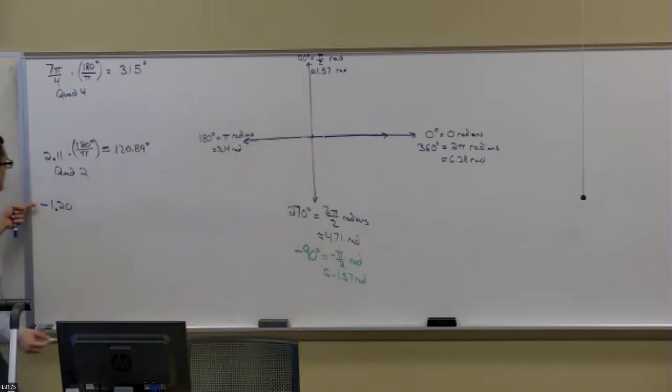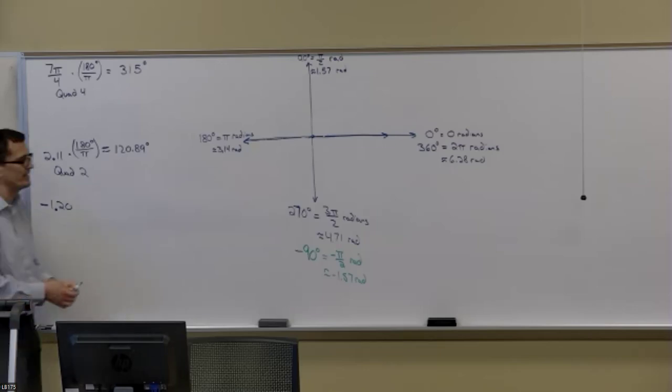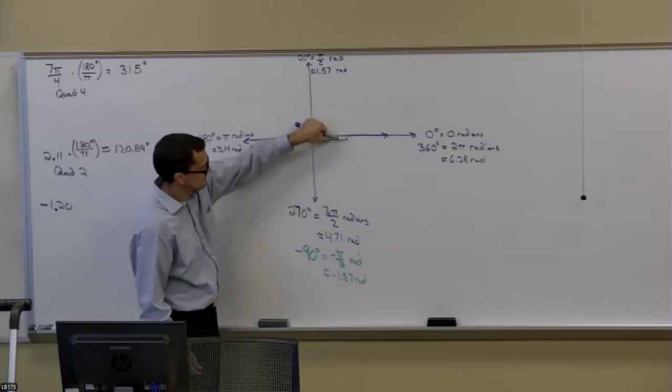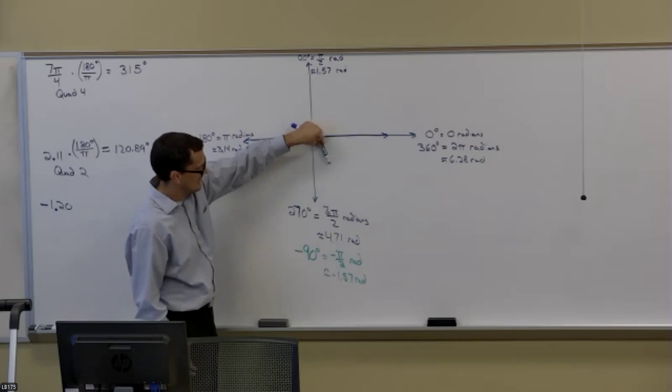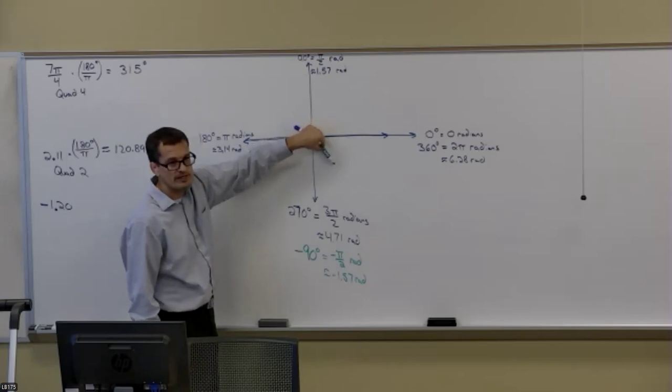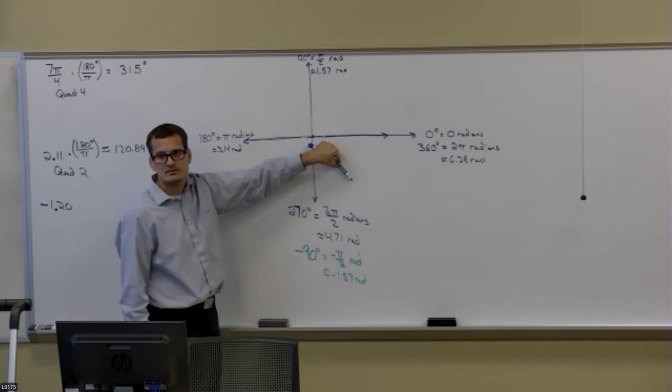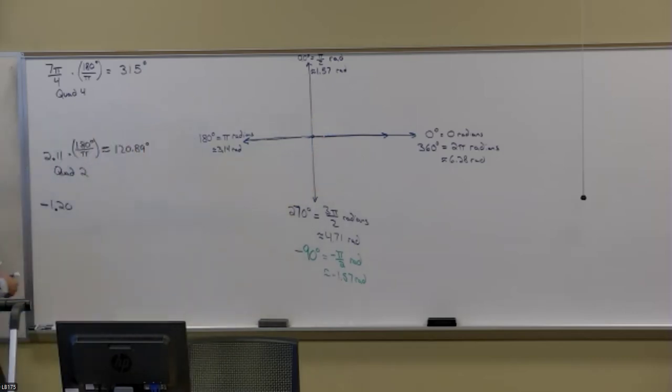So if we're talking about going down 1.20 radians, or negative 1.20 radians, that's not yet to negative 90 degrees, so I'm in quadrant 4.